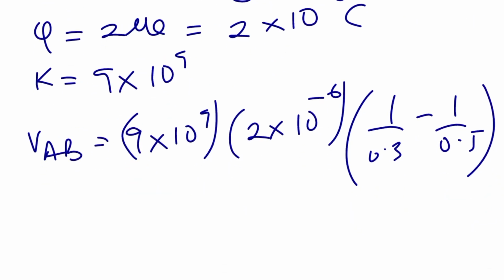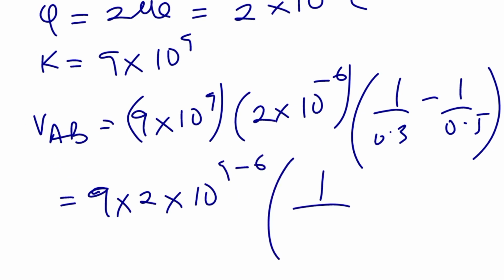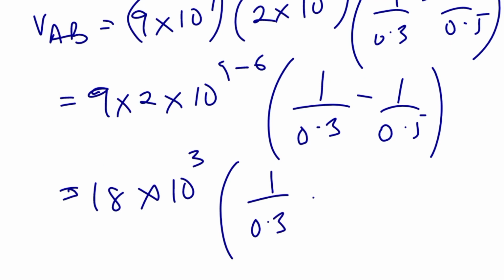We can simplify this as 9 times 2 times 10 to the power of 9 minus 6, times 1 over 0.3 minus 1 over 0.5. This equals 18 times 10 to the power of 3, times 1 over 0.3 minus 1 over 0.5.